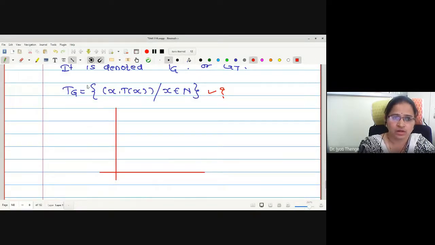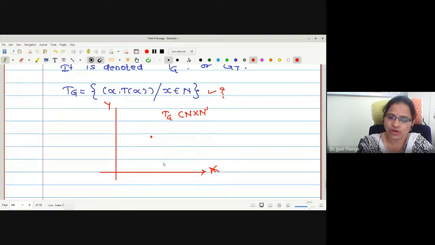Let me just write the same symbols, x, Tx, say. Suppose this is a point of the graph of T, I'm going to write. Here I'm going to write this set as N, this X as the N axis. This is a subset of the Cartesian product N cross N dash. This is the point.